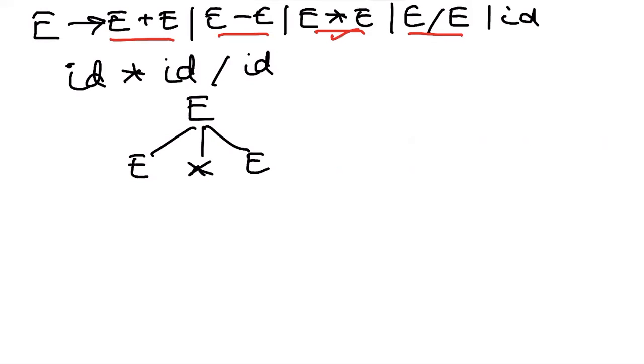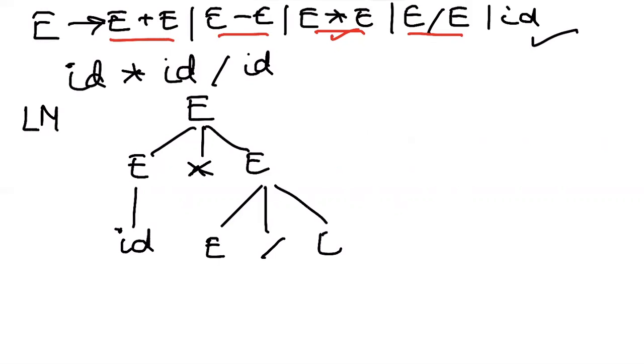Okay, now let me draw the leftmost parse tree, leftmost derivation. So I will reduce this to ID. Okay, because I'm using this production. Then I'll expand now this, the next one which is left. So for this, I will apply E divided by E. Okay, then again, since I'm doing leftmost, I will take this, I'll put ID here, then I'll put ID here.